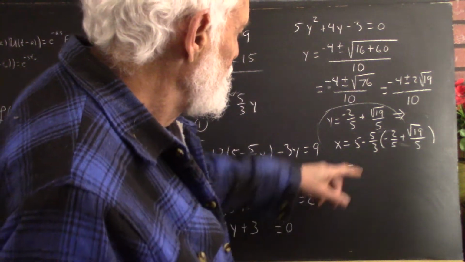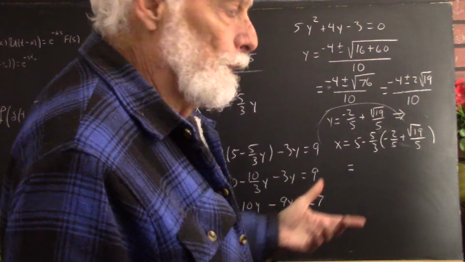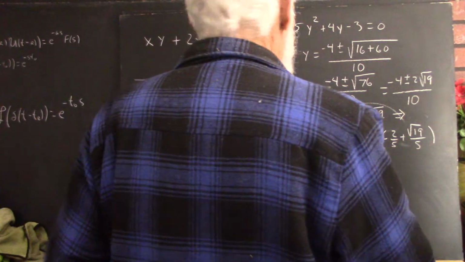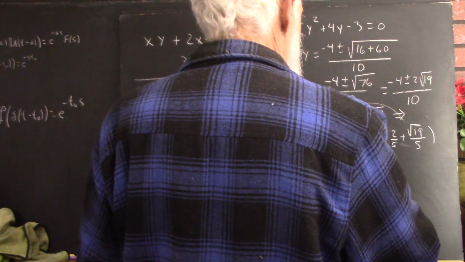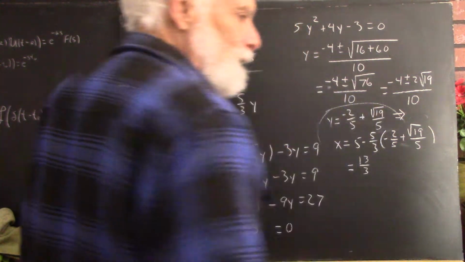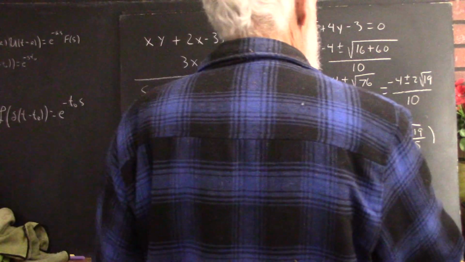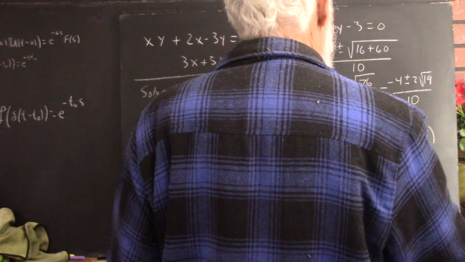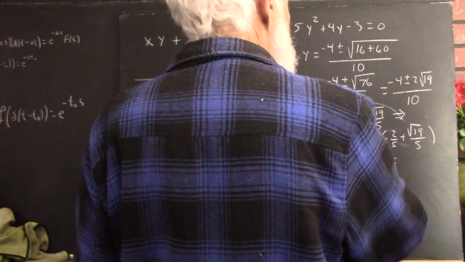Well, 5/3 of 2/5 is going to be 2/3. That's going to be 5 minus 2/3, which is going to be 15/3 minus 2/3, which I think is 13/3. And correct my arithmetic if necessary. Plus square root of 19. Okay, that's one of our solutions.